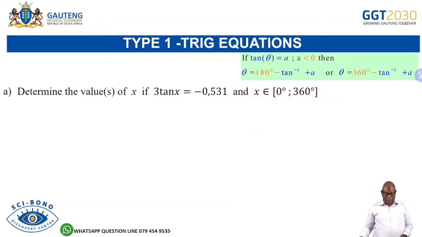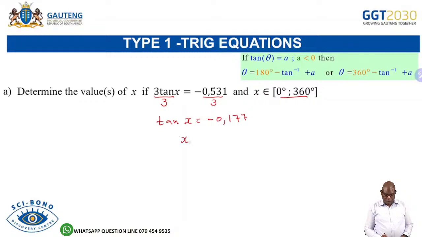Now the question says determine the values of x if 3 tan x equals this. So the first thing I'm going to do is divide both sides by 3, so that I have a ratio on one side. Then I'll have the value, I think it's negative 0,177. We are working from 0 to 360.